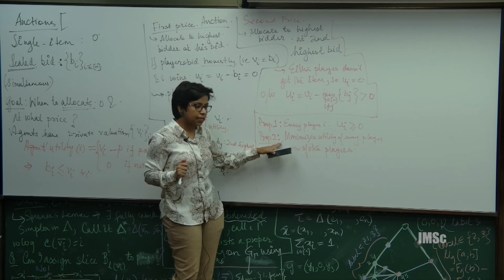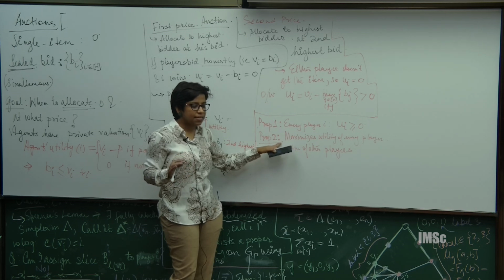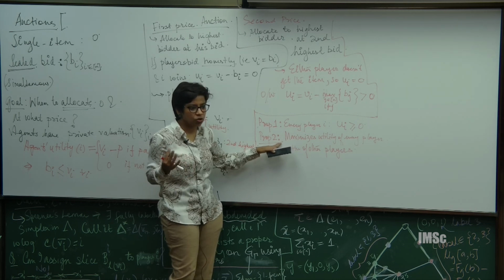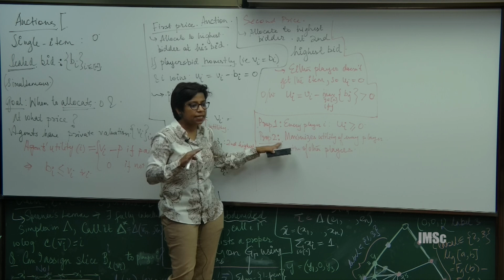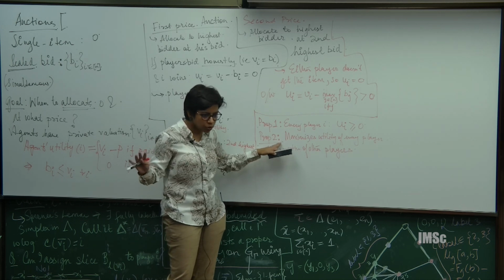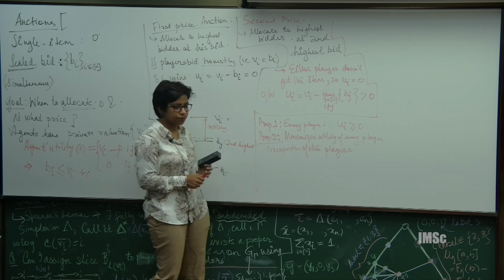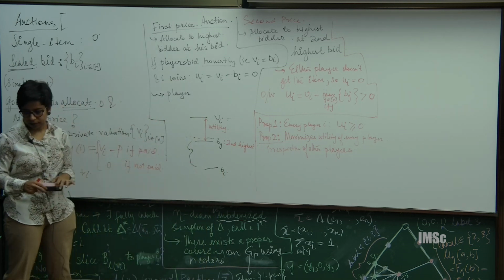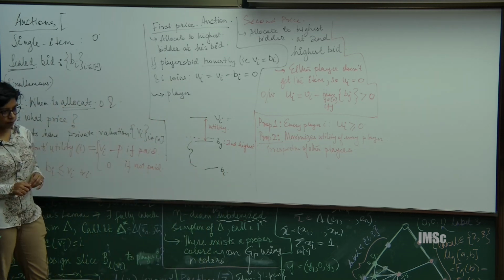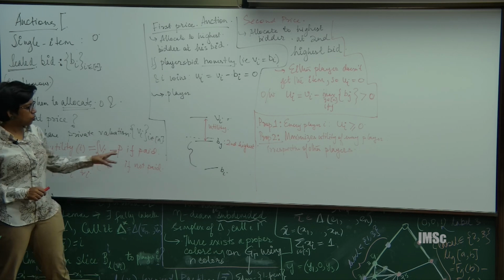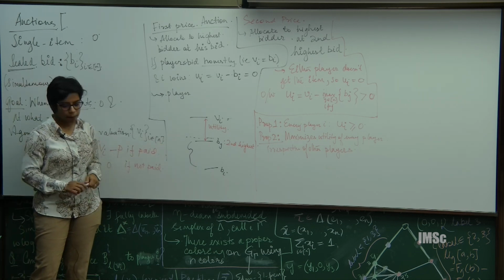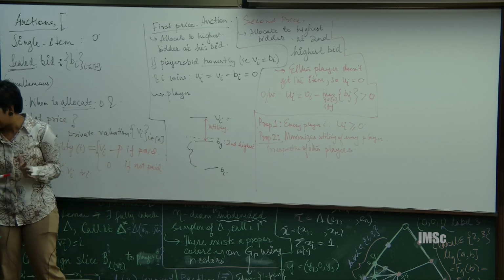Property 2 is saying that you have the satisfaction of knowing, it is like a no-regret kind of situation, that there is nothing else I could have done which would have given me a higher utility. Why is this? You can look at this diagram and say, is my question clear, guys?